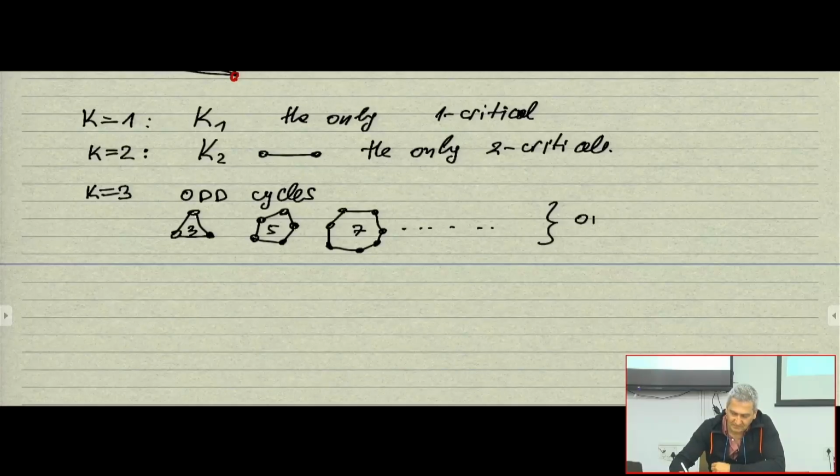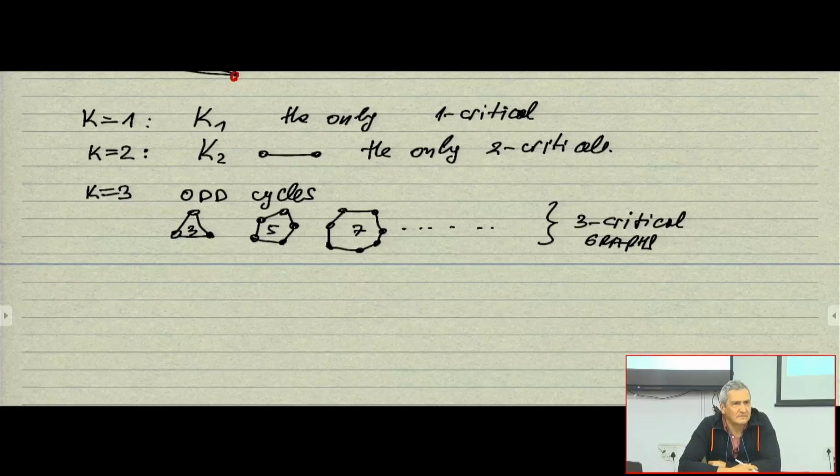These are 3-critical graphs. Is there any other 3-critical graph? Are these all the critical graphs? Do we know some more?